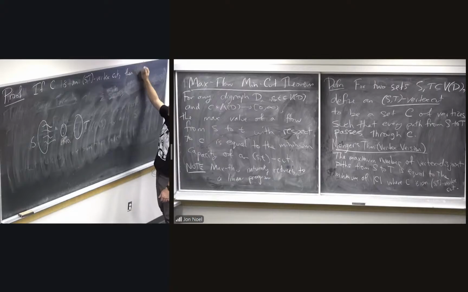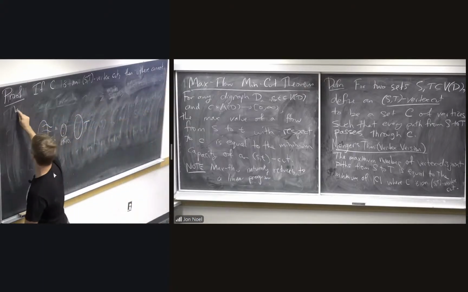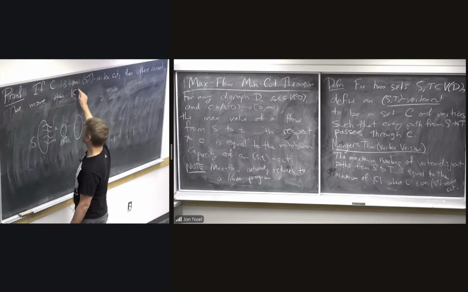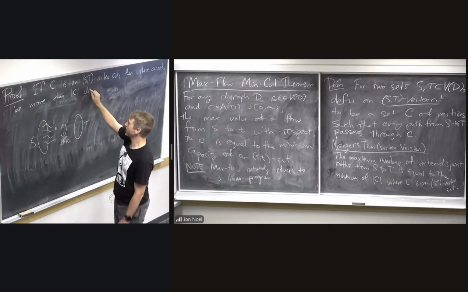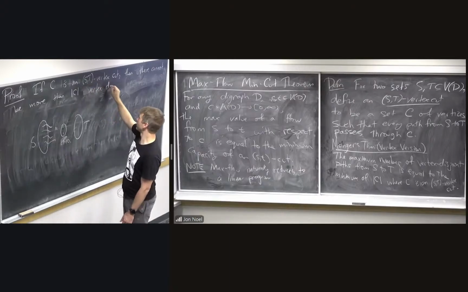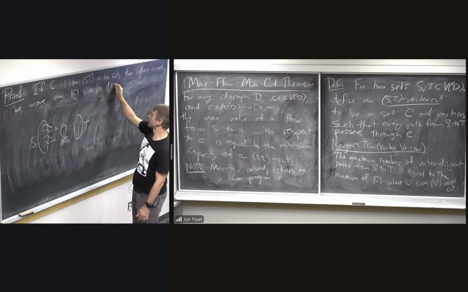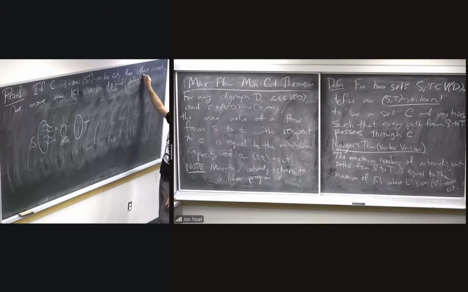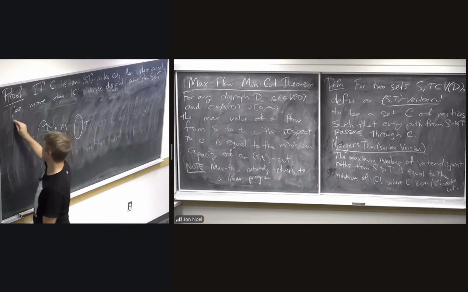there cannot be more than the cardinality of C vertex disjoint paths from S to T by pigeonhole.